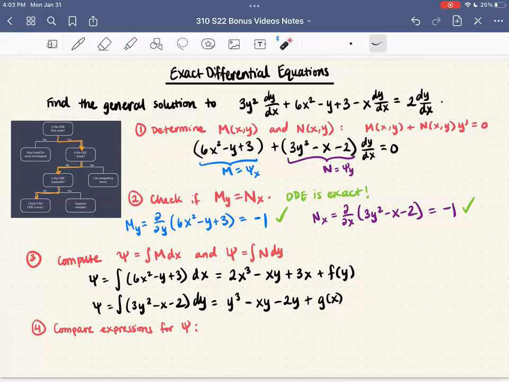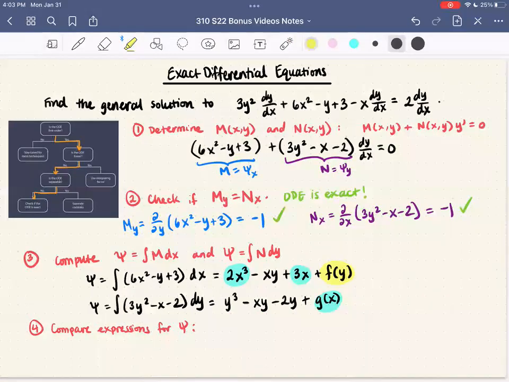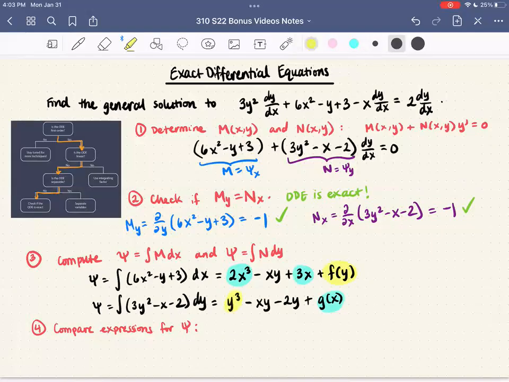In this first line, the things that involve only x are 2x cubed and 3x. Those are going to correspond to our g of x, our function that only involves x. In our other expression, the functions that only involve y are going to give us f of y. That would be y cubed and negative 2y.